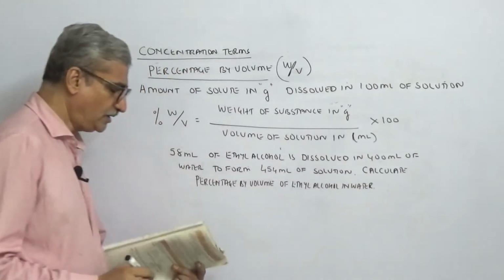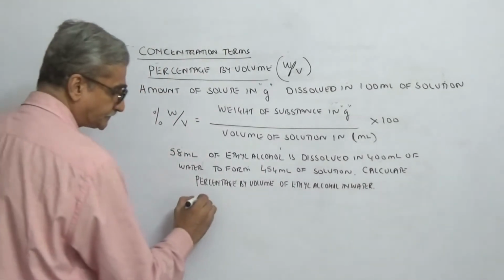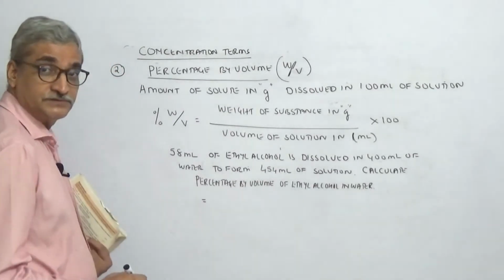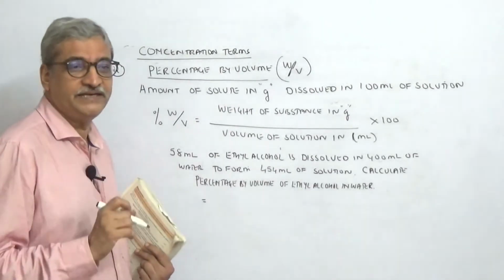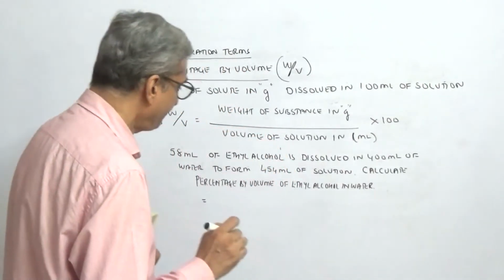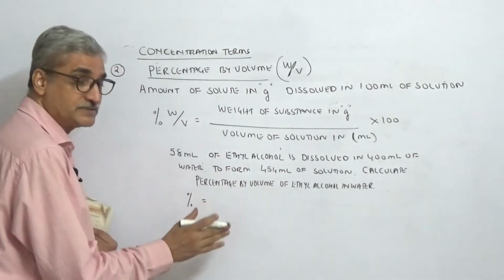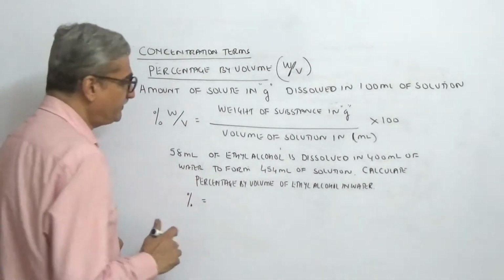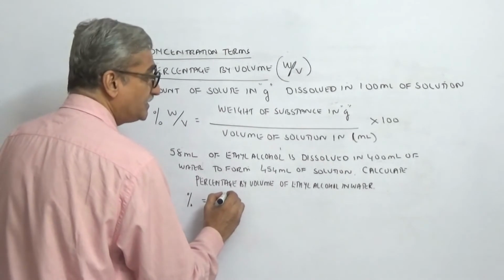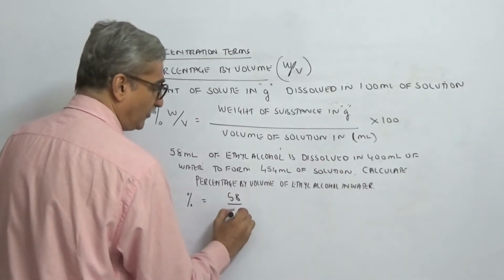So in this case, volume is not additive. It is clear. Volume is not additive. So one, you were taught a sum, and one property we have explained. So it is how much? It is 58 divided by 454.